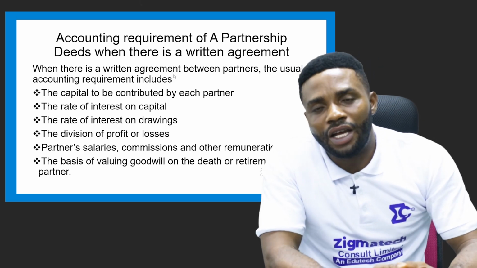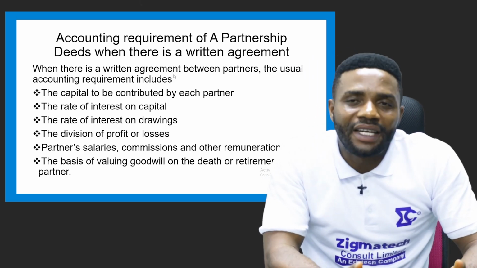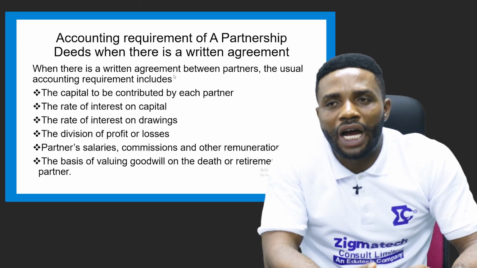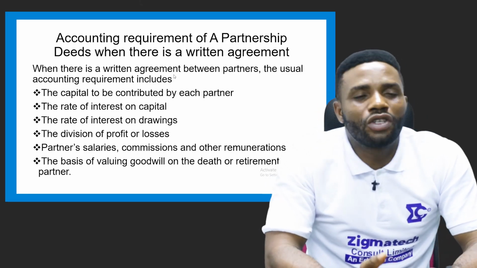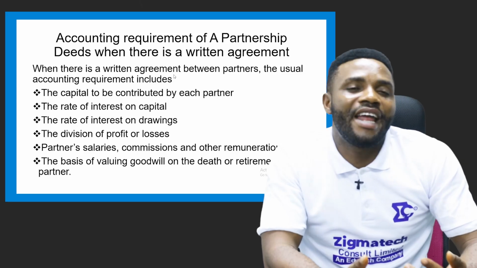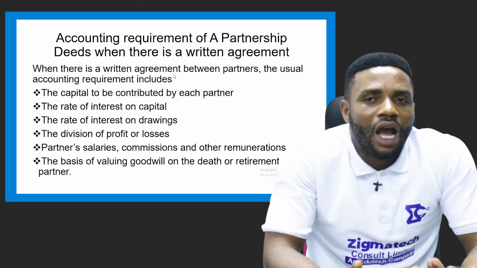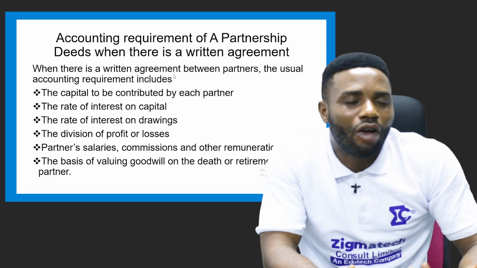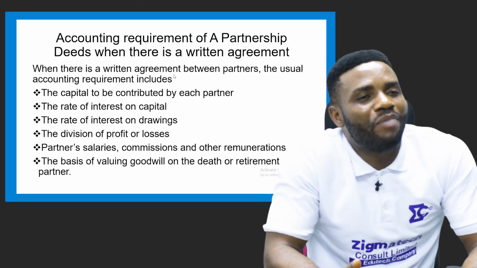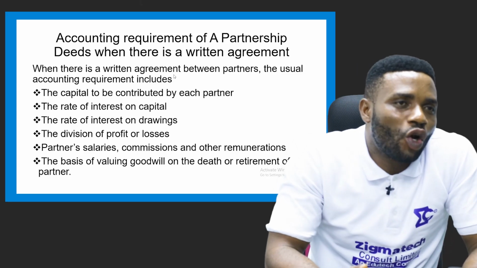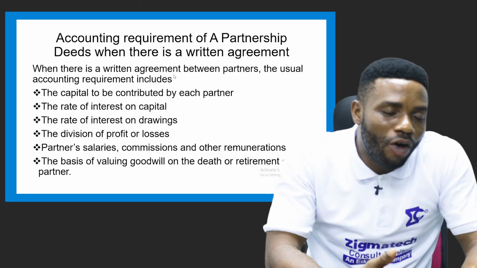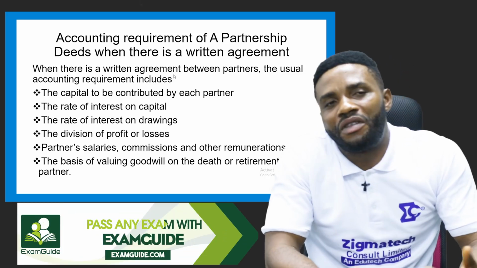And the second to the last is that partners' salaries, commissions, and other remunerations must be spelled out, because some partners are much more active than others. So how do we compensate the commitment of an active partner? How do we compensate the dedication of a partner involved in the day-to-day running of the business?